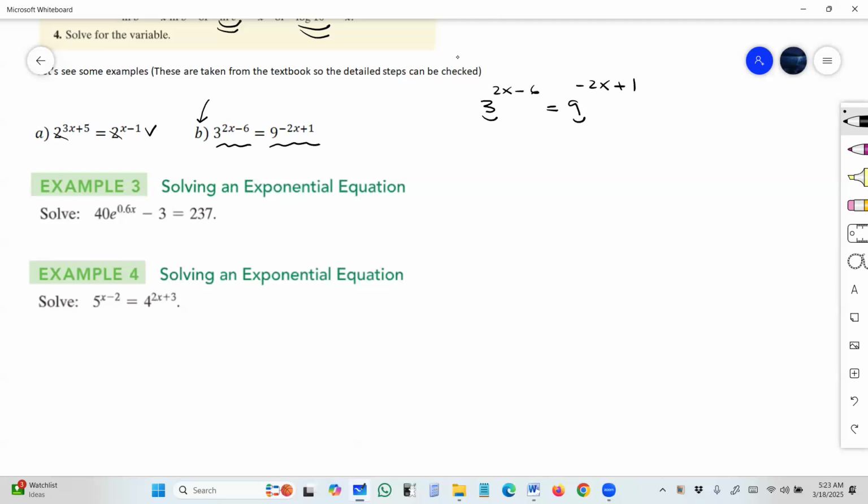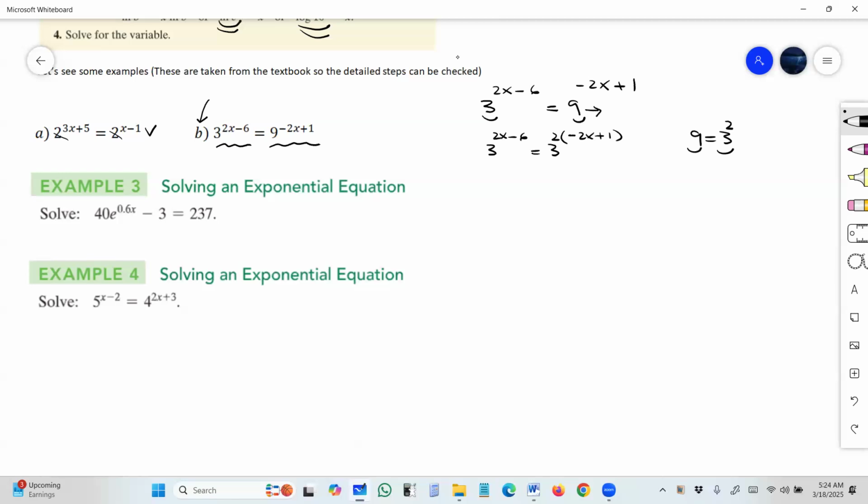And we look at the bases, 3 and 9, they're not the same, but I can rewrite 9 so that the bases are the same. So how do I rewrite 9? Well, I write it as 3 squared. So I'm going to replace 9 with 3 squared, parentheses, minus 2x plus 1.